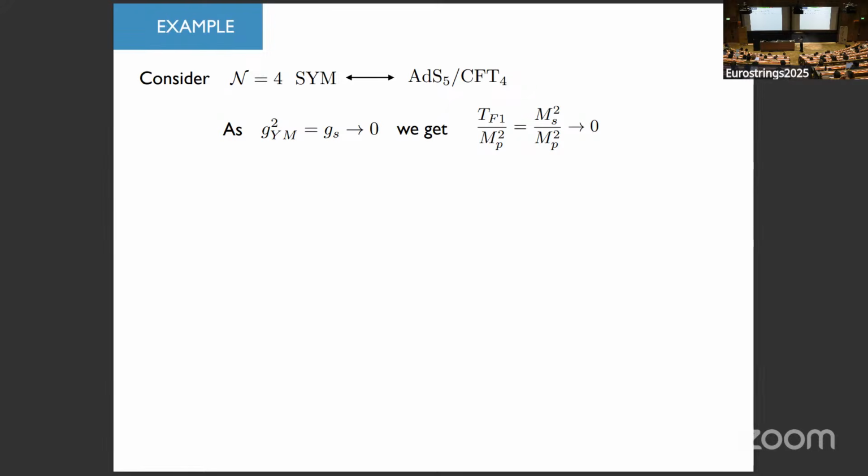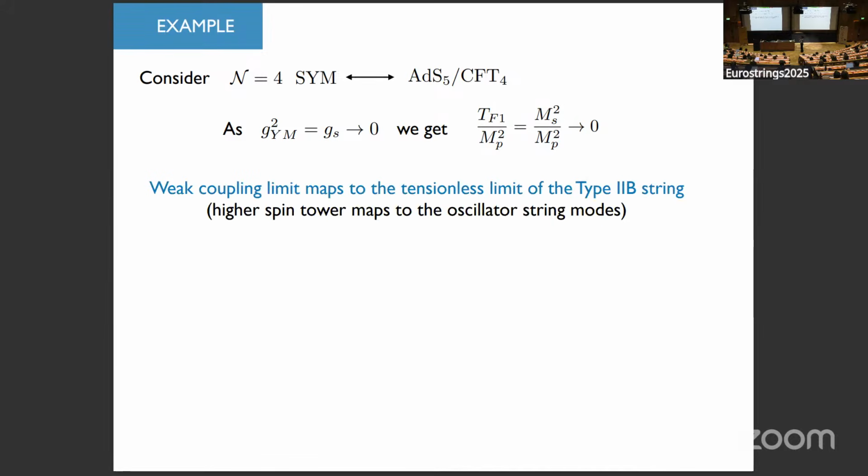Then the fundamental string becomes tensionless in Planck units, because the ratio between the string scale and the Planck scale is controlled by g_s. So this weak coupling limit of the CFT corresponds to a tensionless limit of the type IIB string in the bulk, and the higher spin tower of operators maps to the oscillator modes of the critical string.